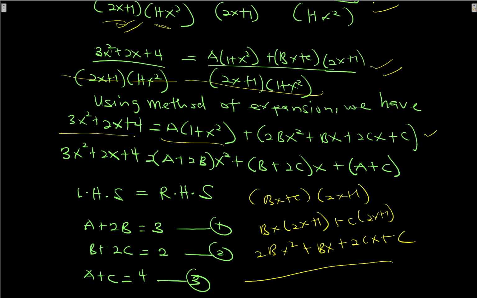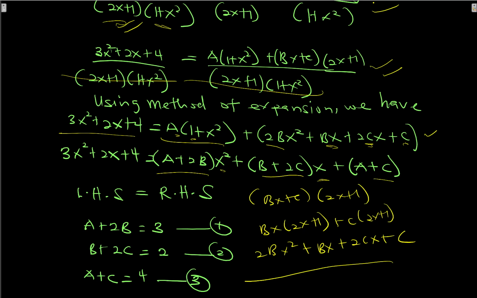Now we can group like terms. We realize that A, 2b and 2b are like terms, right? Because they all have a variable x squared. So we group them. Also, b and 2c are like terms because they all have variable x. Then a times 1, that's a, then c, that's a plus c, because they are constant terms.